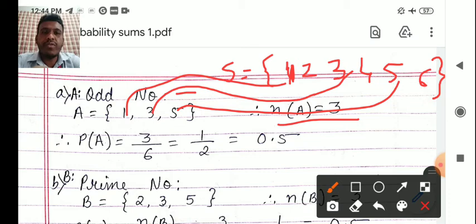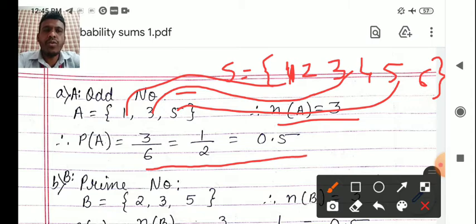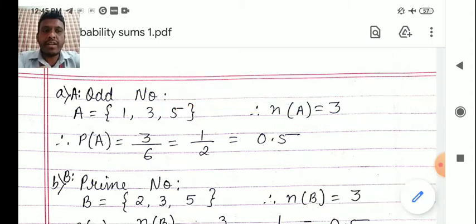So P of A is equals to n of A upon n of S. So n of A is nothing but 3 divided by n of S is 6. So 3 divided by 6 is 1 upon 2, which is equals to 0.5. This was similar to the previous problem which we have solved. In the previous problem we have taken even numbers. Here we have taken odd numbers. So let's move ahead.